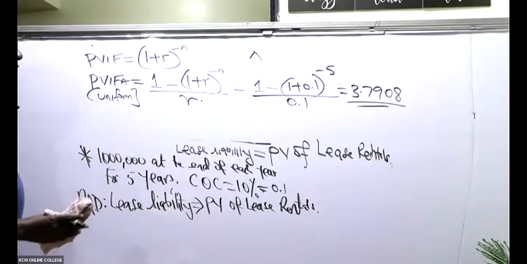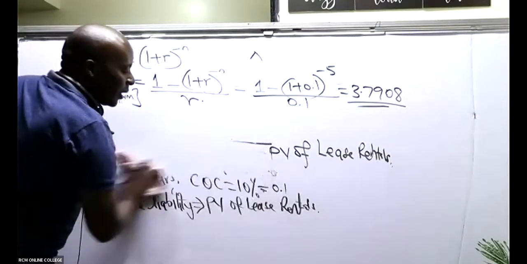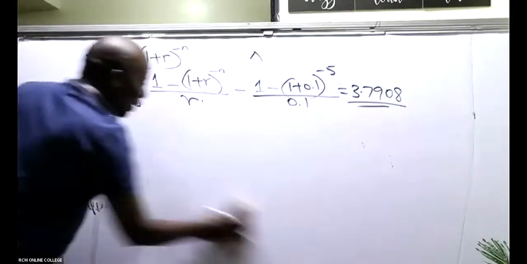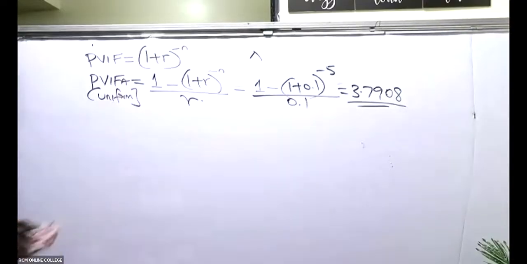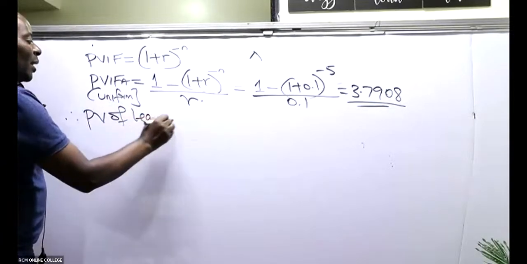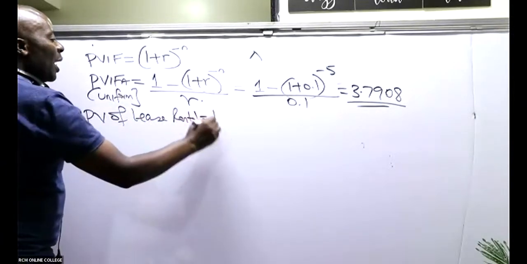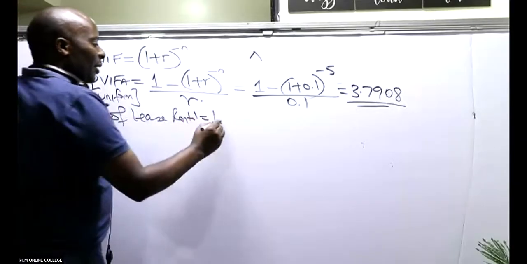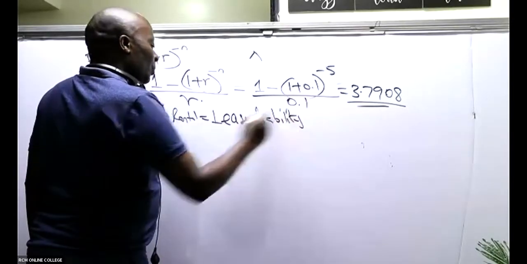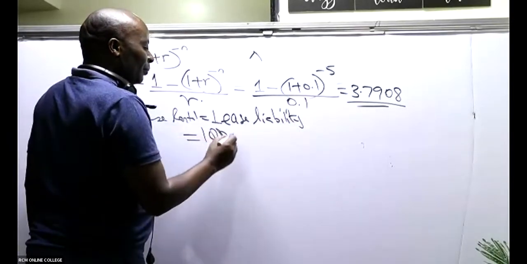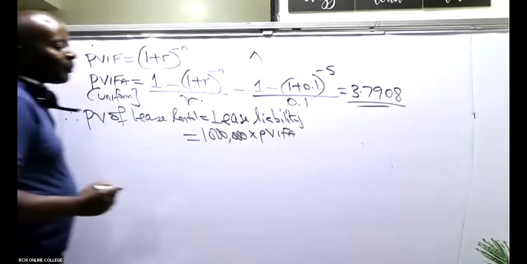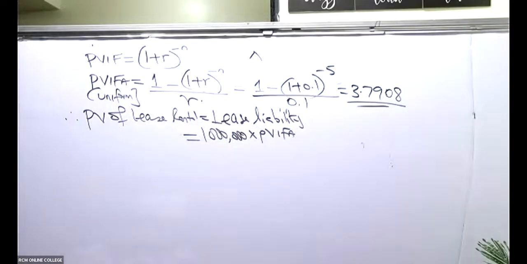And therefore, the present value of our lease rental, which will be our lease liability, will be equal to the annuity of $1 million times PVIF.